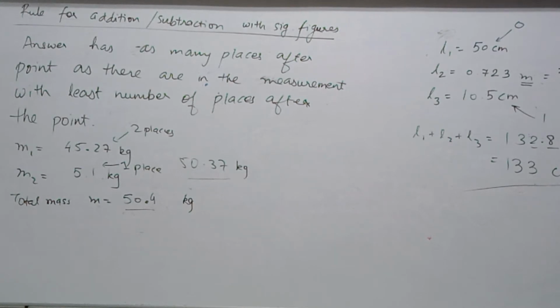The question that we are going to do is number 12 from the book. Okay, from the exercise of the book, number 12. Mass of a box measured by a grocer's balance is 2.30 kg.